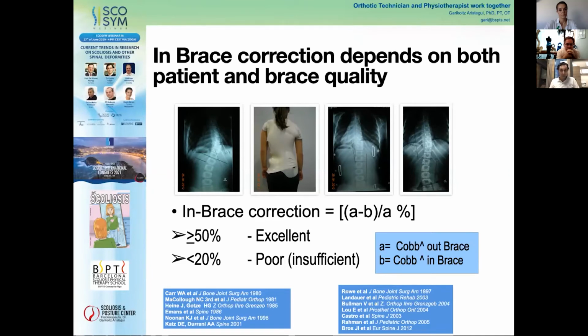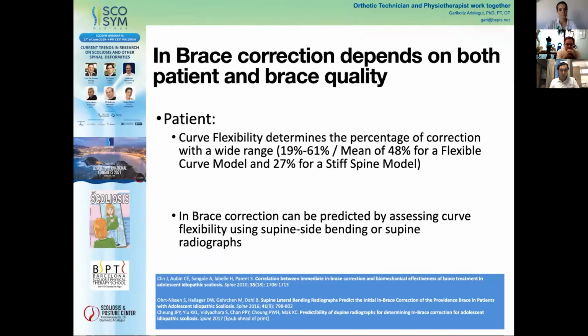But be careful with this, because it depends on both. For example, the patient, depending on whether he or she has curve flexibility. The curve flexibility determines the percentage of correction with the brace. And in-brace correction can be predicted by assessing curve flexibility.